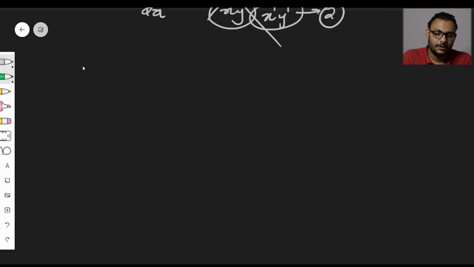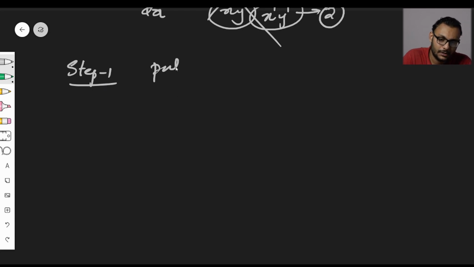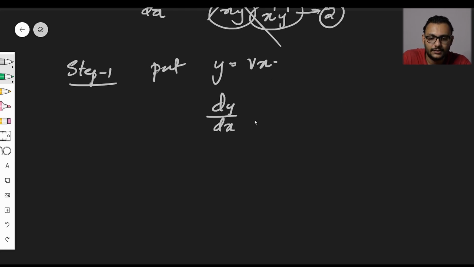So now how to solve this differential equation? We are writing the steps to solve this kind of differential equation. First we should put a substitution, that is y is equal to vx. Now if y is equal to vx, then dy by dx is, where v is also a function of x, so we have to apply the product rule here also.